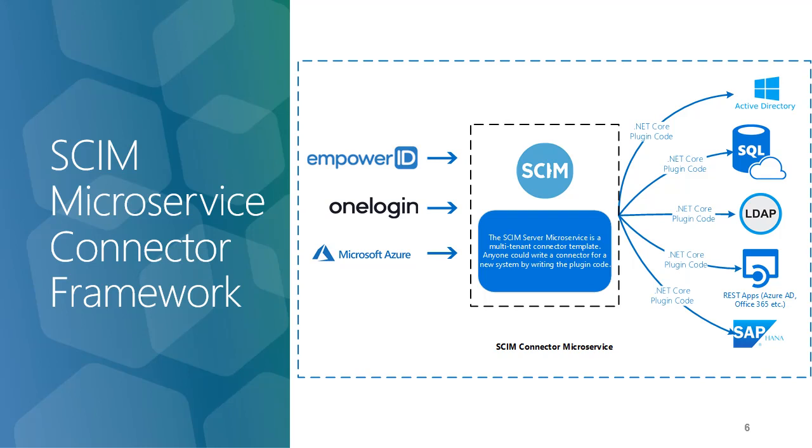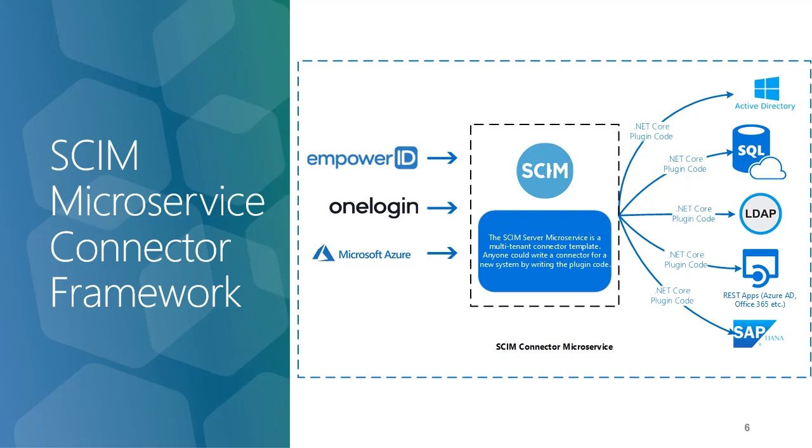Any application that exposes itself via SCIM can be connected and managed by any system that supports connecting and managing SCIM-compliant systems. This is designed to take the guesswork out of connecting to a large range of applications and also to reduce the repetitive coding of custom connectors.